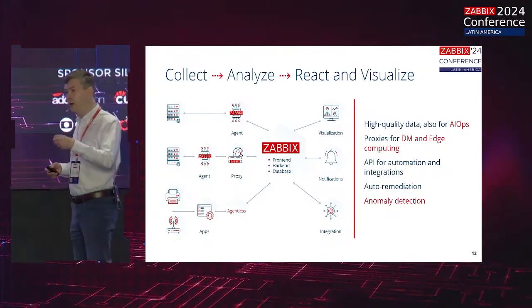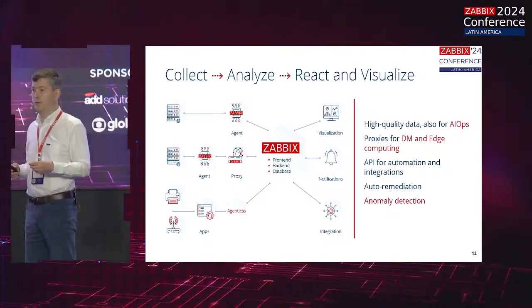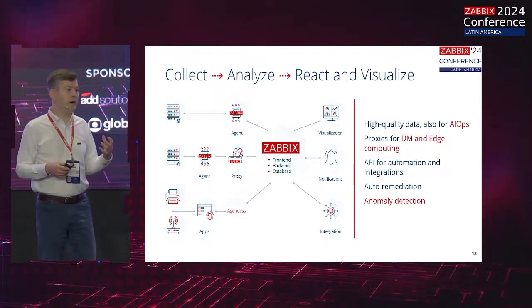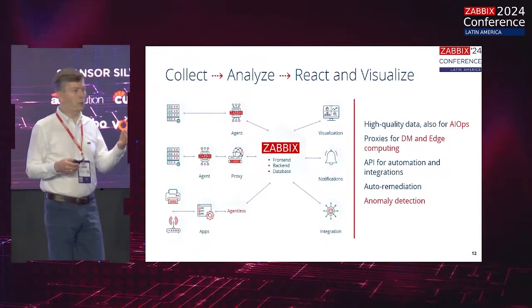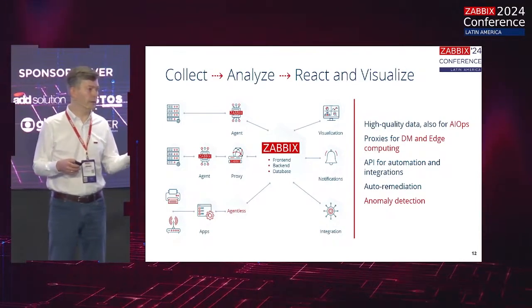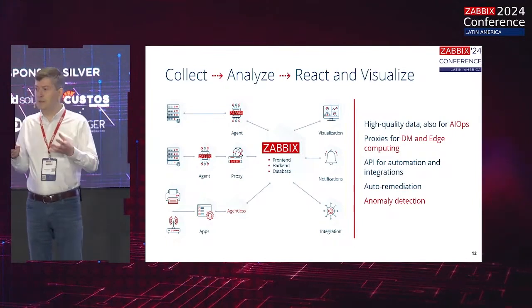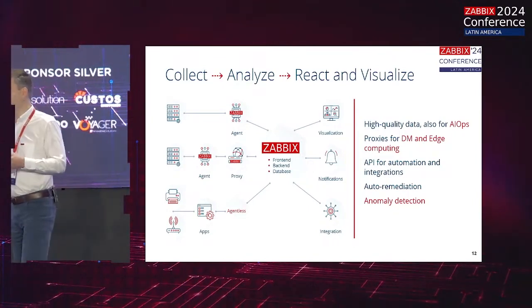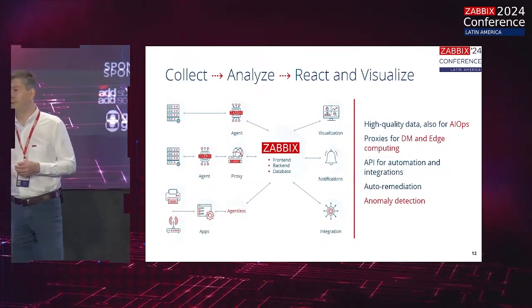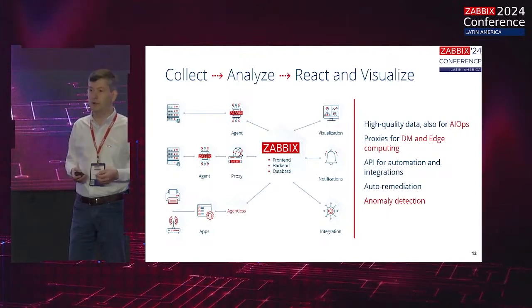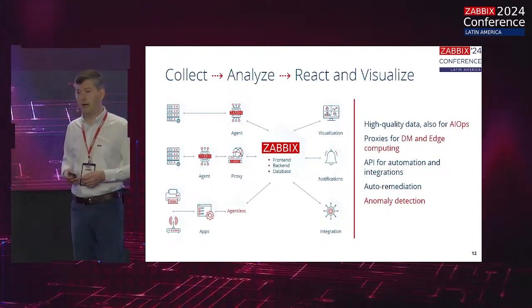Why and how are we going to use this information in the future? Because of this, in Zabbix we have very high quality data. We know what kind of information we collect, and because of this, we may use it for different purposes. For example, for AI, yeah? We know the nature of the data, so we can use it for AI.